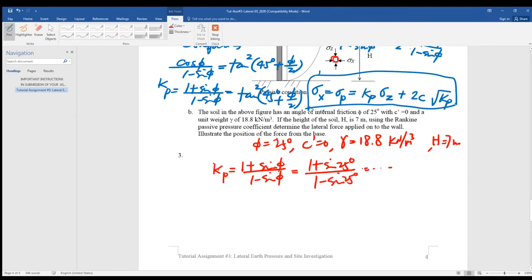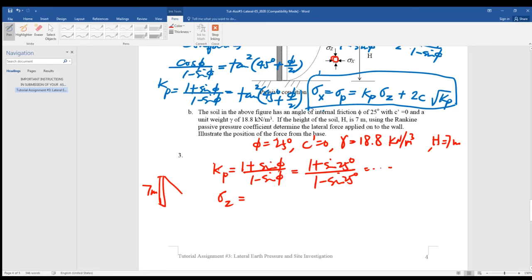So you got something like that, right? And then what's the sigma z? Vertical stress, if that material is 7 meters, right?